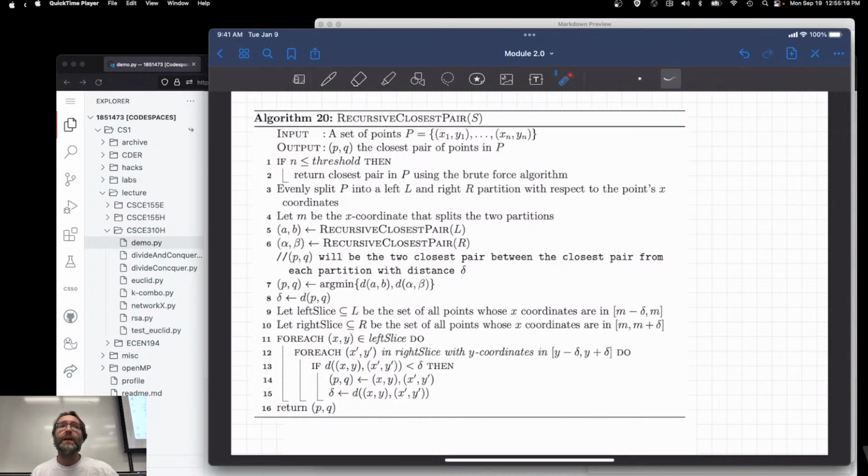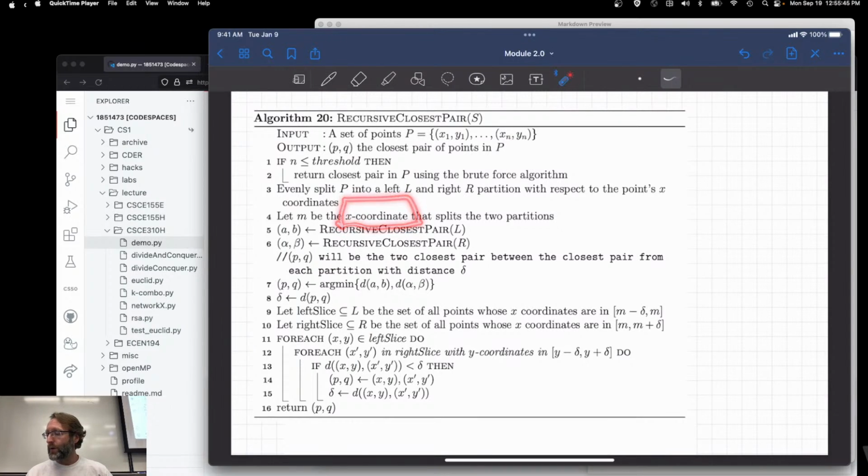Now, this seems like a pretty straightforward algorithm. The devil is in the details. So look at this and tell me, how would you go about doing all this? Well, remember that we're assuming that they are sorted with respect to their x coordinates.